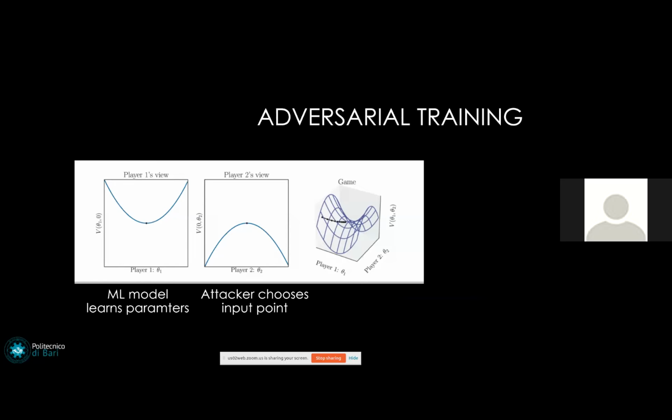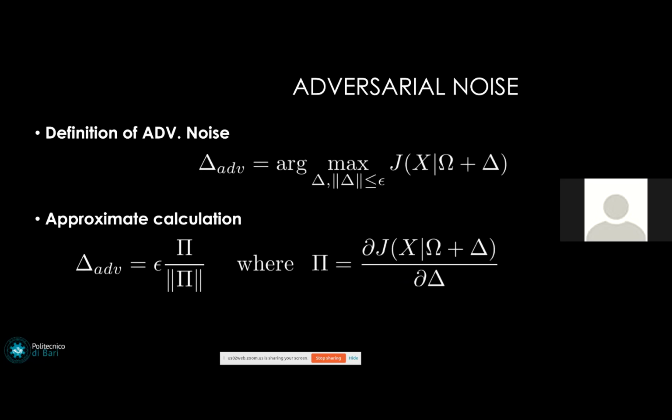The idea behind adversarial training is to look for an equilibrium for a game where the machine learning model tries to minimize the error as it classifies its inputs, while the attacker tries to maximize the failure of the machine learning model. How can we generate adversarial examples?